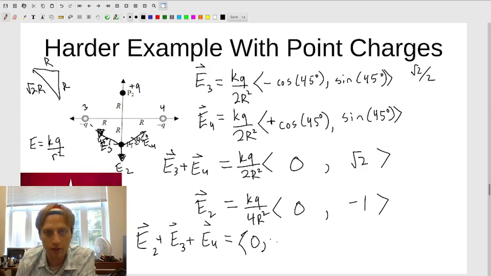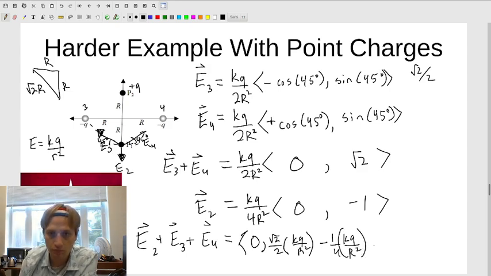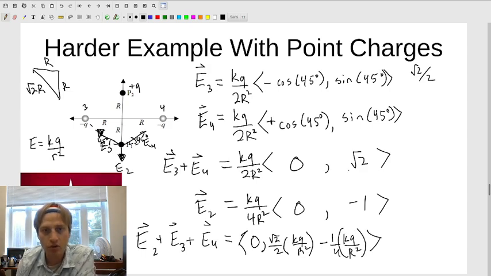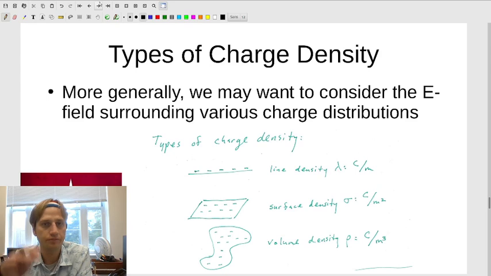So square root of 2 over 2 times kq over r squared. I'm writing that badly. And this would be minus 1 over 4 kq over r squared. Okay, and so if you wanted to compare these two, you could. All right. So it's a little bit of a messy problem once you start putting in numbers. It cleans up, but I think that's far enough.